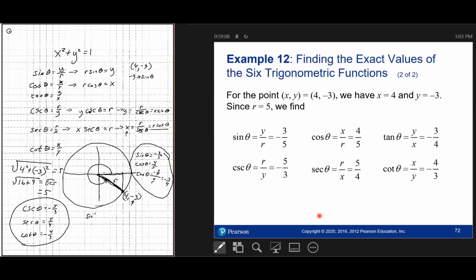So if I did sine inverse of -3/5, that'll tell me what the angle is. If I do the inverse cosine of 4/5, that'll give me the same angle. If I do the inverse tangent of -4/3, it also will give me the same angle.